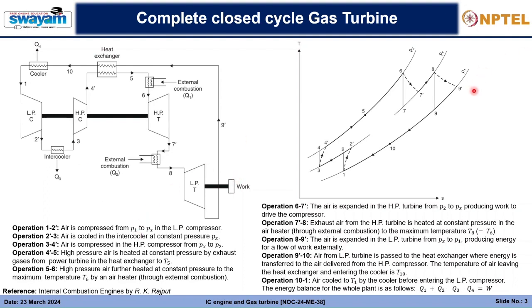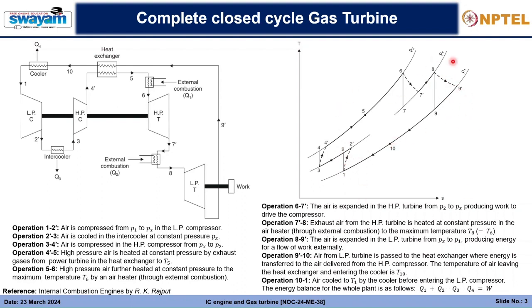So now we can see that 9 dash is the exhaust gas temperature leaving the low pressure turbine, and that is at a very high temperature, as you can see here. Obviously the inlet temperature would be 1, and to get to 1 we'll have to go through something, because 9 dash is connected to 1, and the gas will have to go through the same loop and enter into 1, and we cannot release this gas entirely to 1.